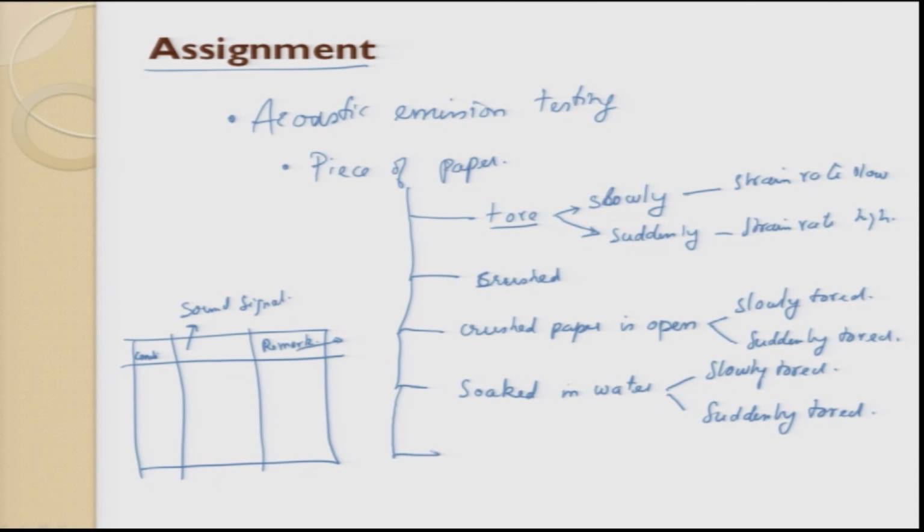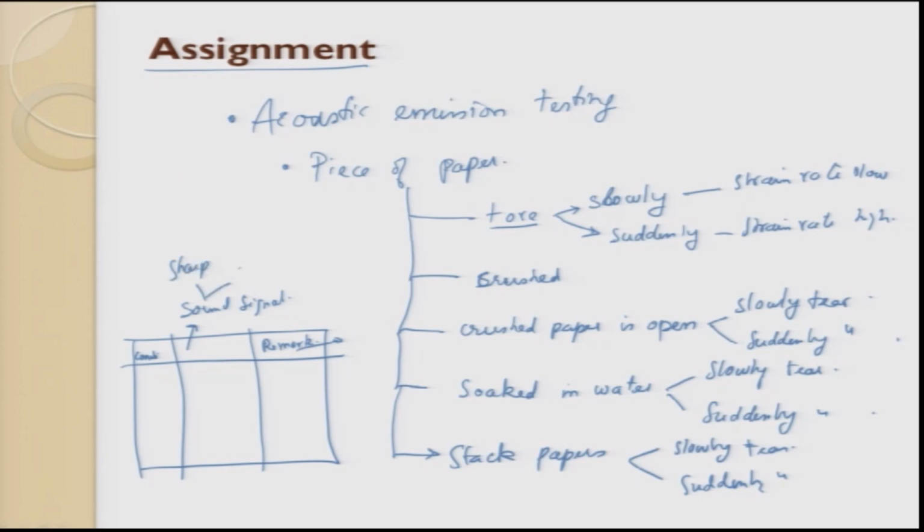And the last one is, you try to stack papers and then slowly tear, and suddenly tear. Please note down the signal, whether the signal is sharp, whether it is dull, or is there anything else.